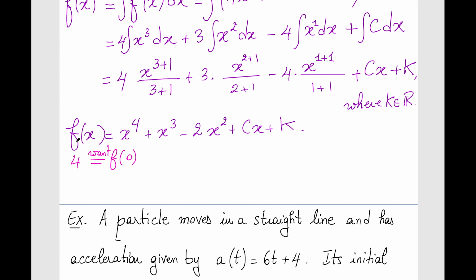So what's f of 0? Look, it's this bunch of zeros plus k. So it's k. F of 0 is k. Agree with me? So how much is k then? Is equal to 4, right? So k is equal to 4. So now I know what k is.